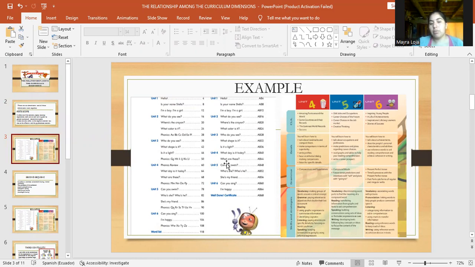This is an example of a scope. You will always see this scope at the beginning of the books, on the second page, because it describes all the topics the students are going to study and all the activities and things the students need to do.